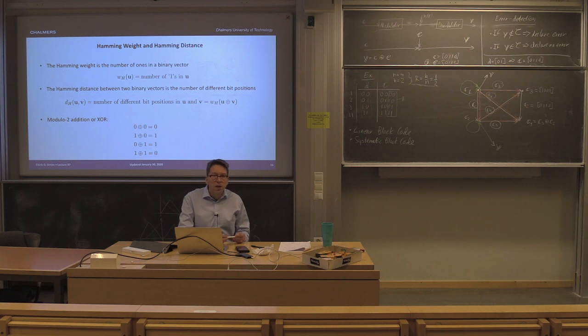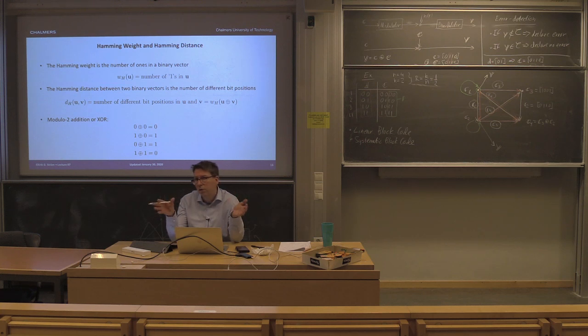So, can we say more about these code words and how we should choose them and so forth? Yes, we can. And let me introduce a little bit of notation here. There's something called the Hamming weight. Have you heard of this before? It's basically like this.